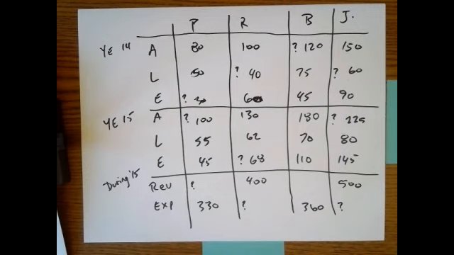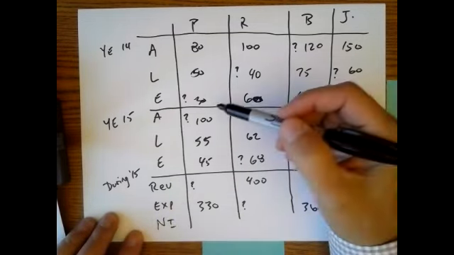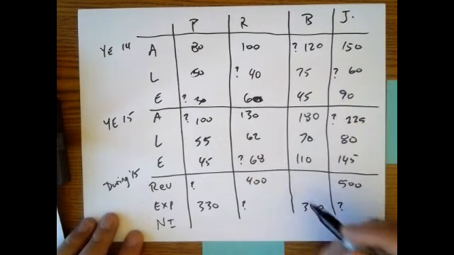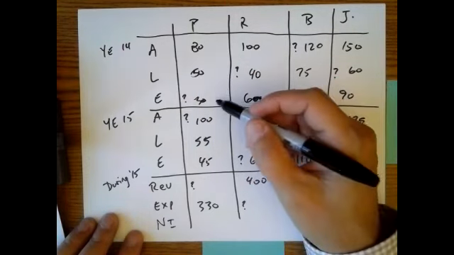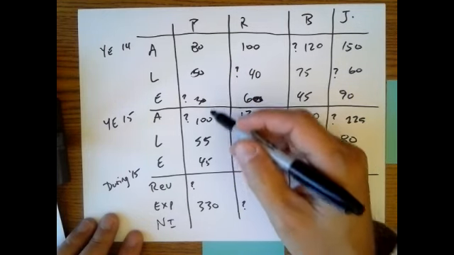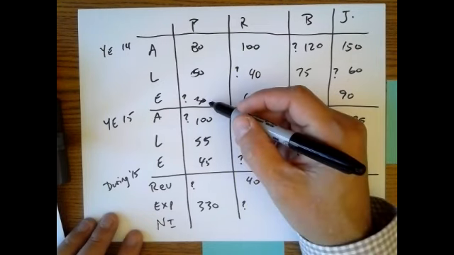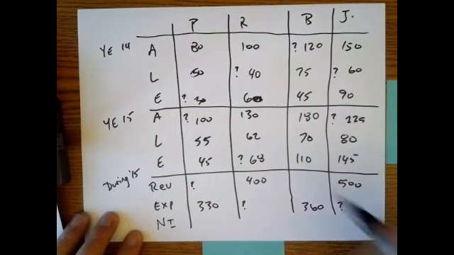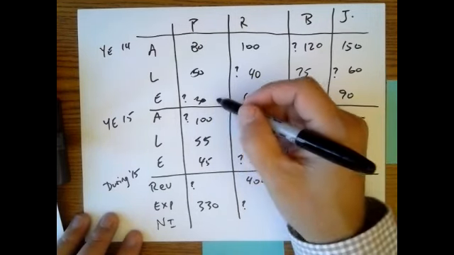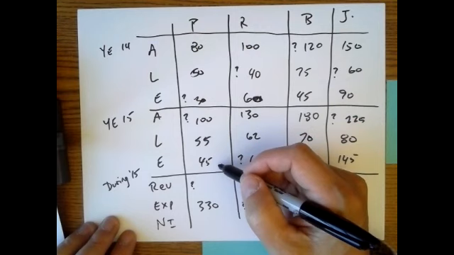So one way we know how much profit, or net income, they would have is to look at the change in equity from year-end 14 to year-end 15. In the case of Pittman, they had 30,000 in equity at the end of 14, and they ended 2015 with 45.